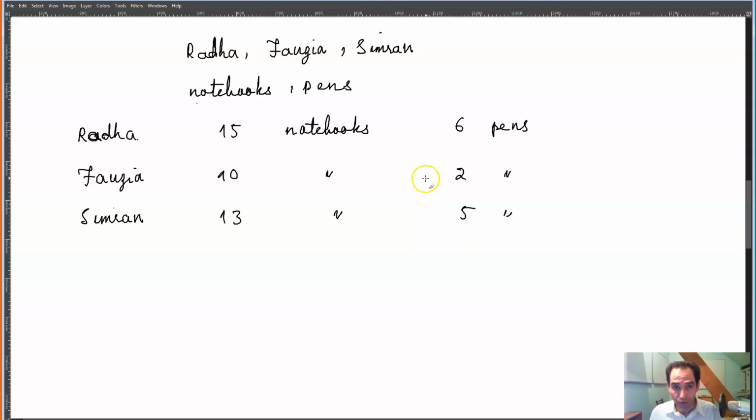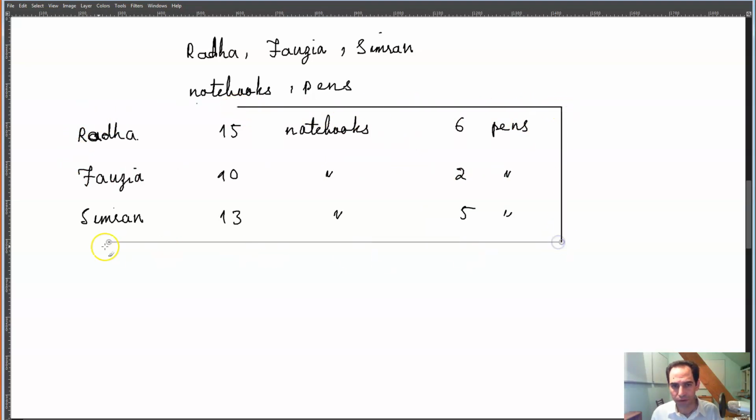Now you can write this information in tabular form. Actually, you could say that it's already in tabular form.